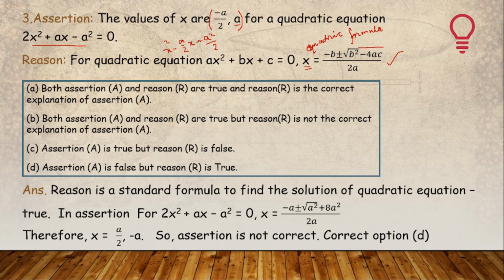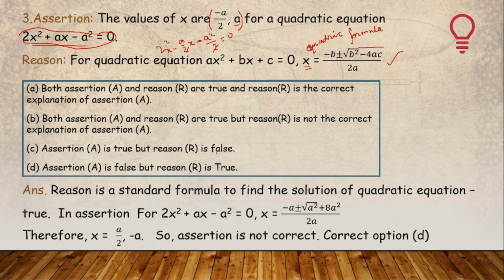Already there is minus in the product, so it is minus of a square by 2 equal to 0. When you multiply these terms by 2, you will be getting 2 in the coefficient of x square and these 2's will get cancelled. So we will get the equation 2x square minus ax minus a square. This is what we are having here. So we can understand that these two are the factors of this equation.